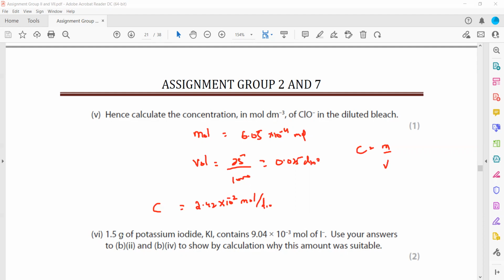Then: 1.5 g of potassium iodide contains 9.04 × 10^-3 moles of iodide. Use your answers to B2 and B4 to show by calculation why this amount is suitable.